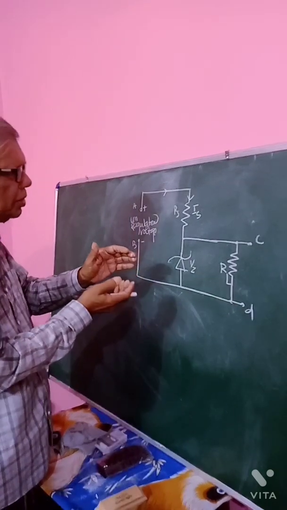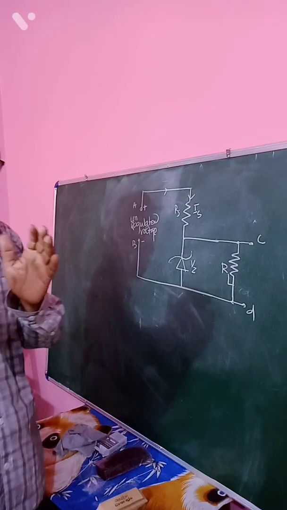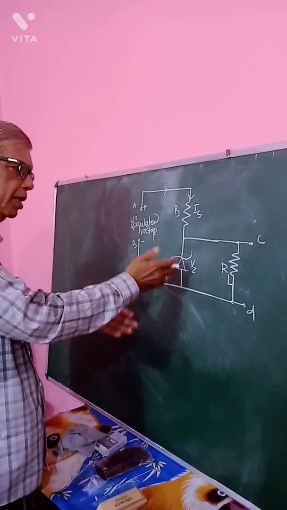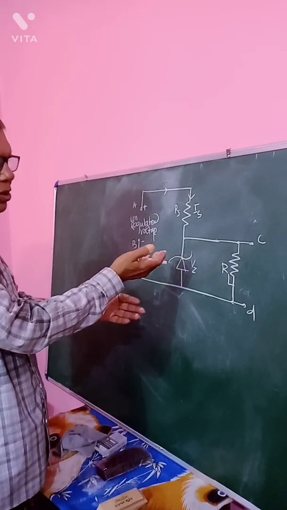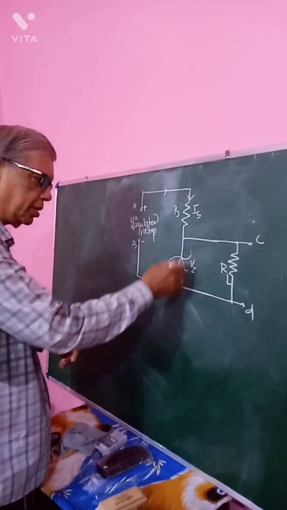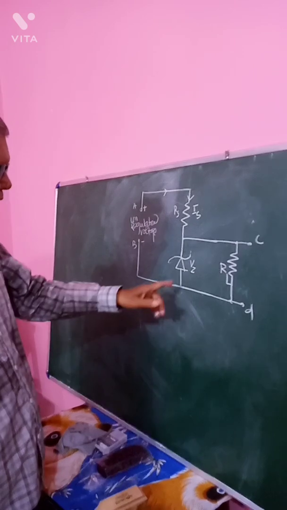Similarly, if the current decreases within a particular limit, the voltage is also maintained, because the decrease in current does not affect the potential across the Zener. It maintains a particular potential equal to Vz.